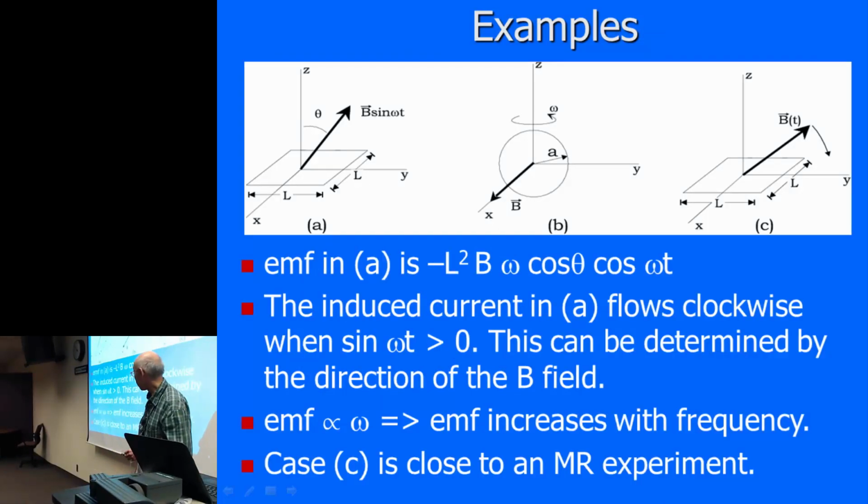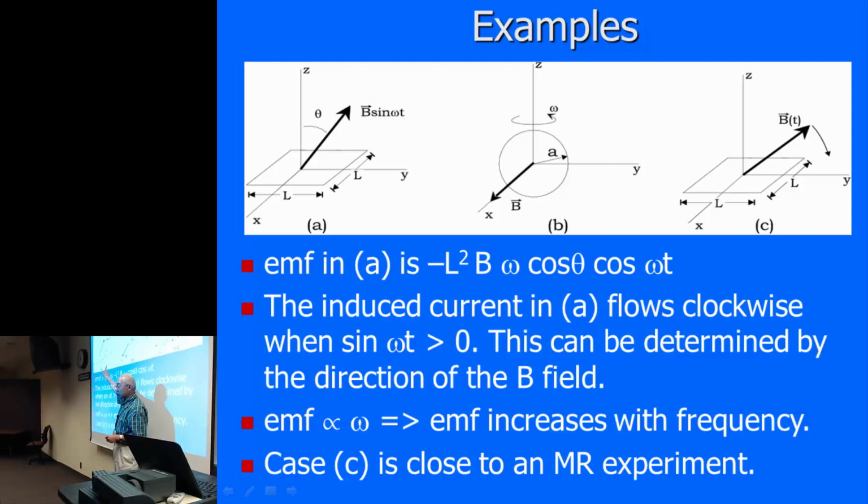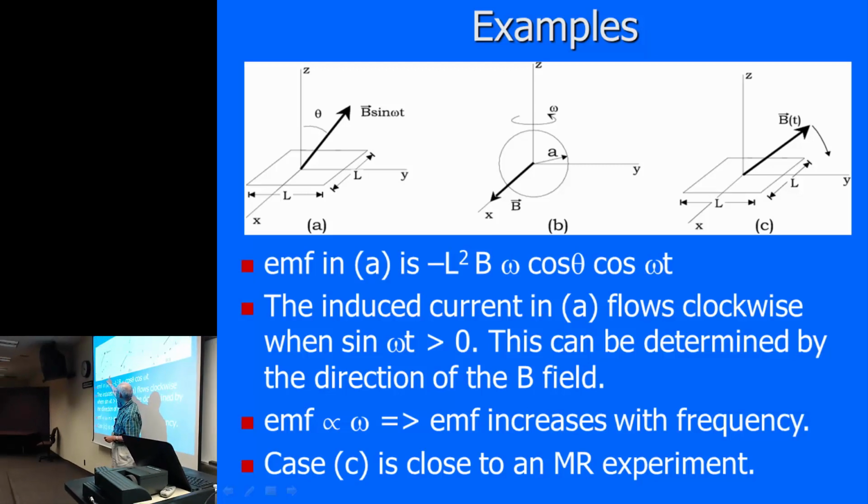All right, so here you can see I have a changing field like that. Notice that the orientation, or the direction of the field, is fixed. It has a theta away from the z direction, but it's just the amplitude of this B field that is changing. So we have B multiplied by sine omega t.